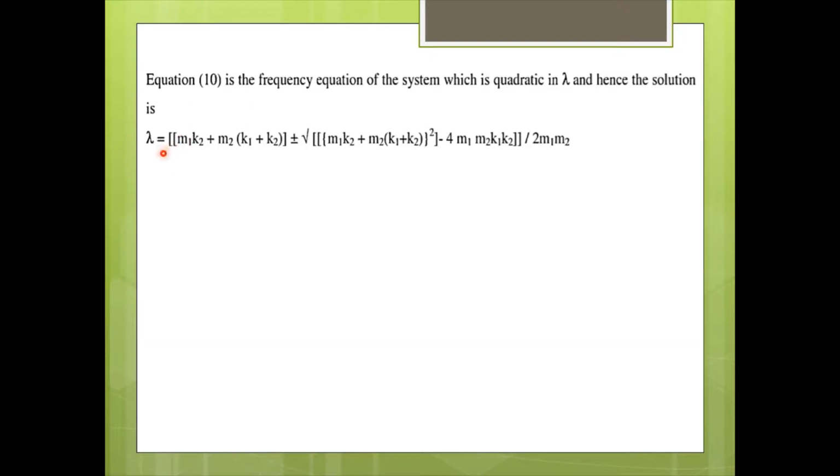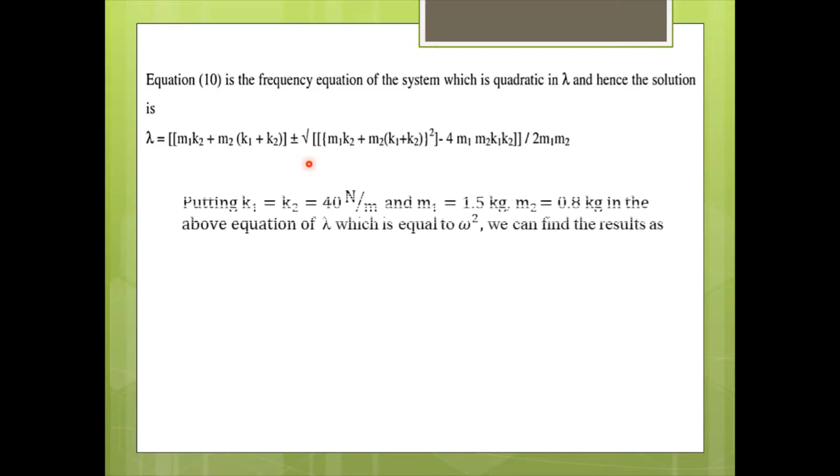Solution to equation number 10, which is lambda is equal to minus b plus minus root over b square minus 4ac by twice a, which is a simple solution of quadratic equation and a very famous solution known to all of us. So in this way, we can find out the value of lambda from the equation number 10, where lambda was equal to omega square.